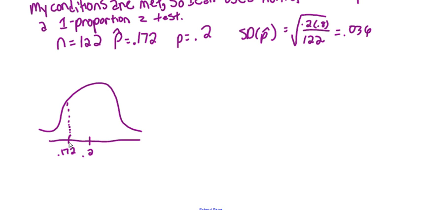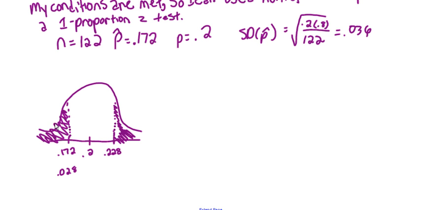The whole idea is if you get a sample like 0.172, you could get that to happen on the other side also. From 0.172 to 0.2, it's about 0.028 away from each other. So you could go 0.028 away on the other side. I can add 0.028 and get 0.228. So this is my two tails. The not equal to has got to have two sides to it.